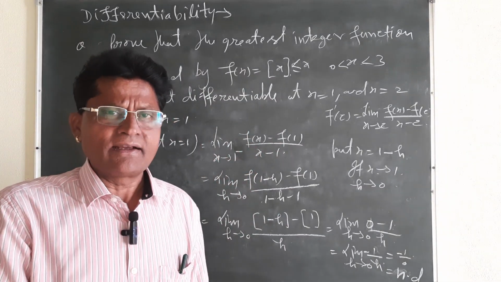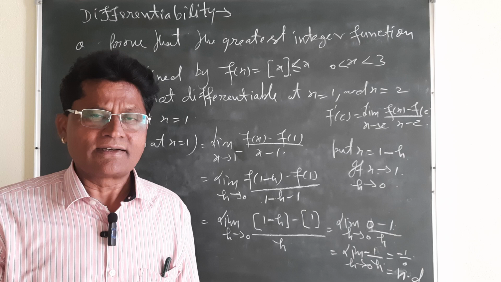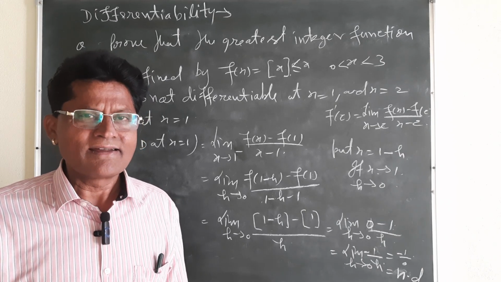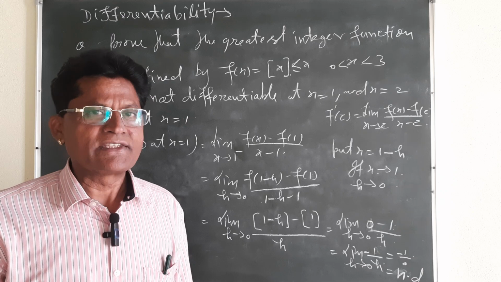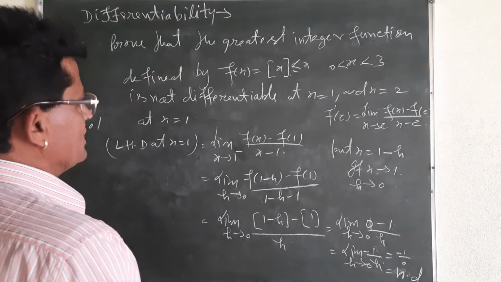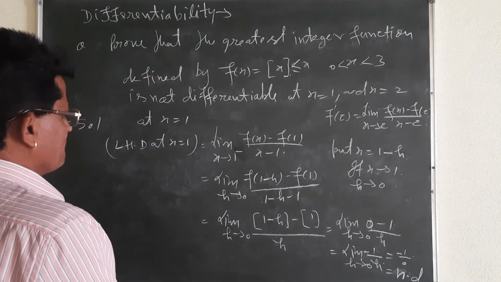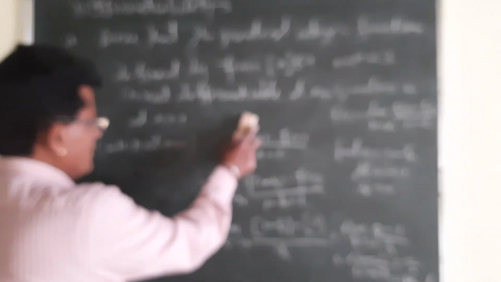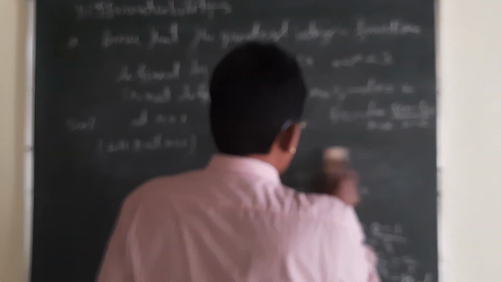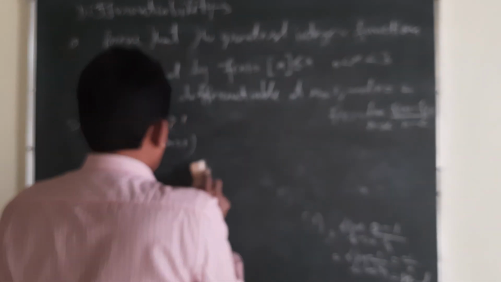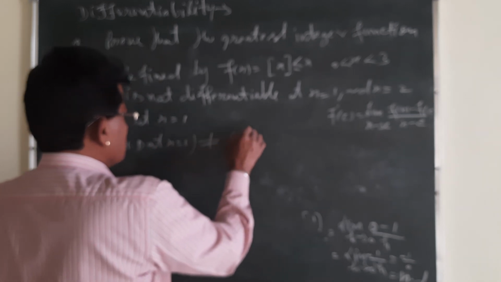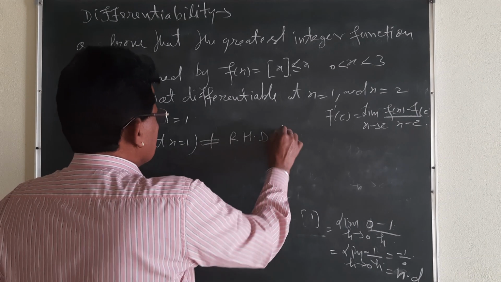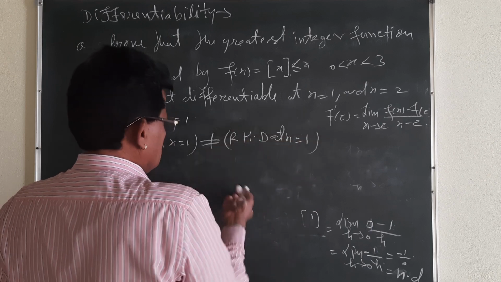Very important thing. That is why what will we say? Function at 1 is not differentiable. Function is not differentiable at 1, because you can write now left hand derivative is not equal to right hand derivative at x is equal to 1.